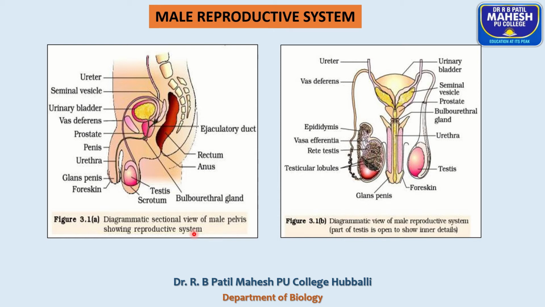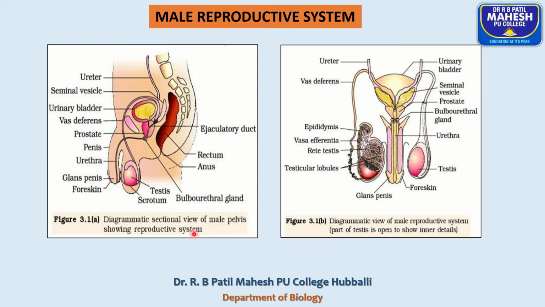Those organs which produce sex cells or gametes and are also involved in the secretion of sex hormones are called primary sex organs.